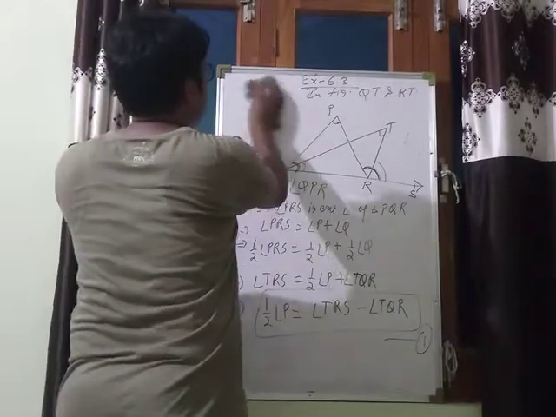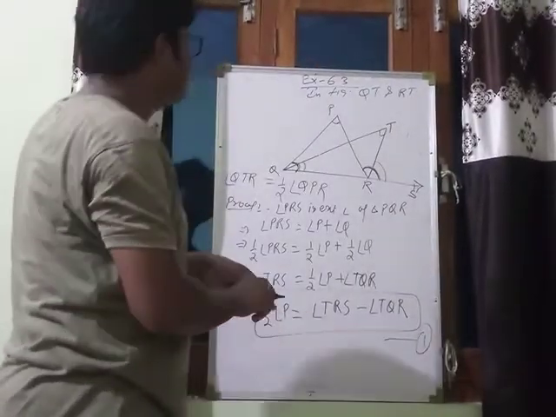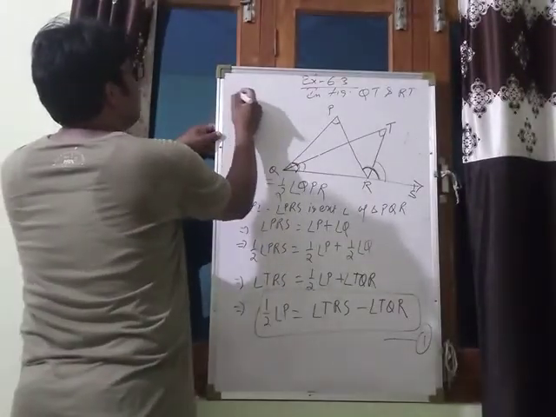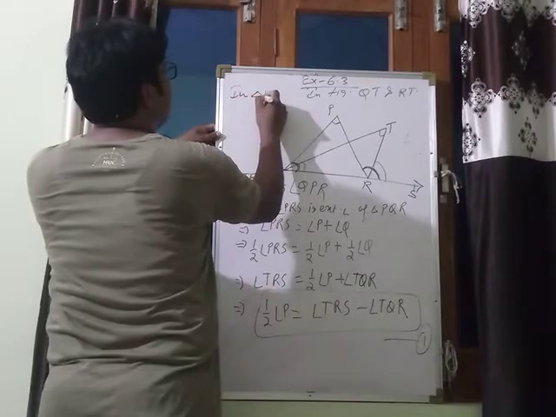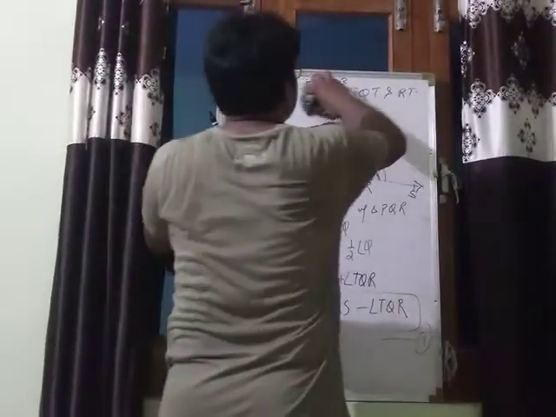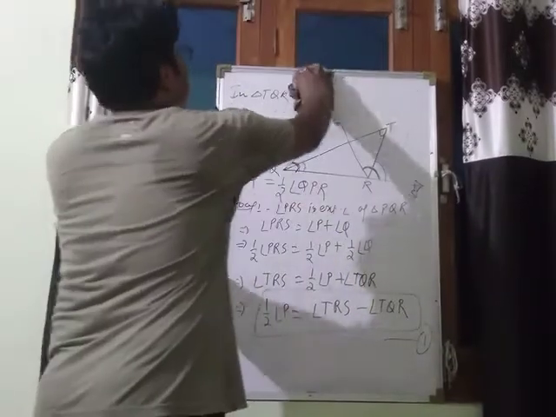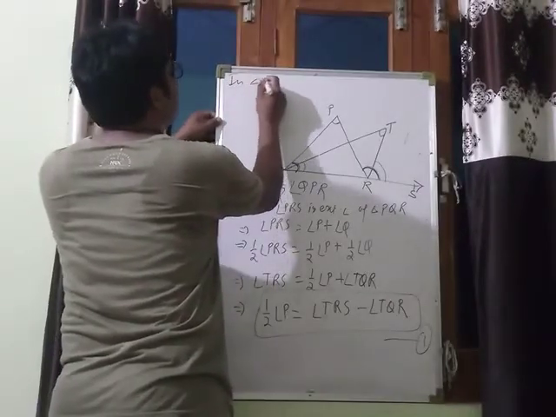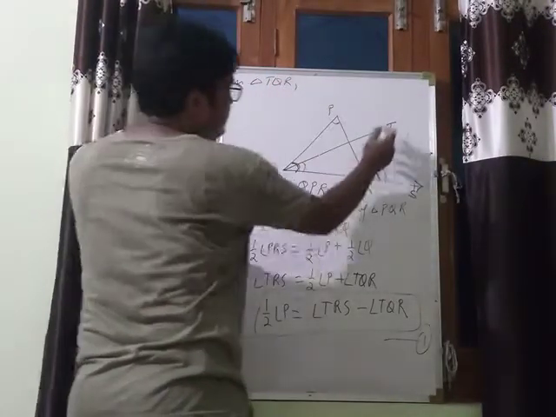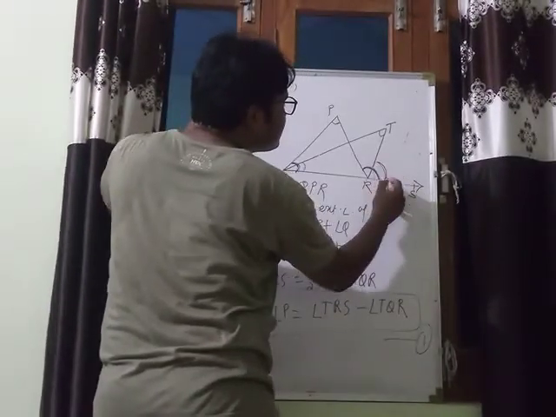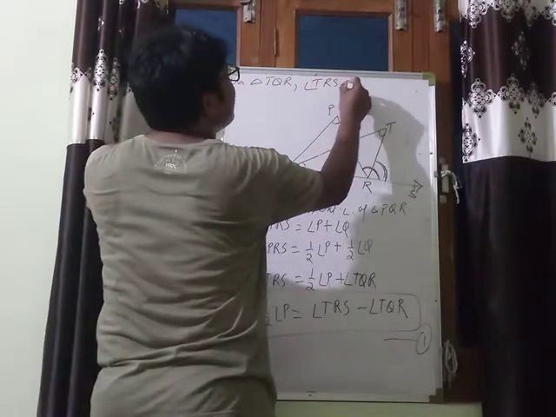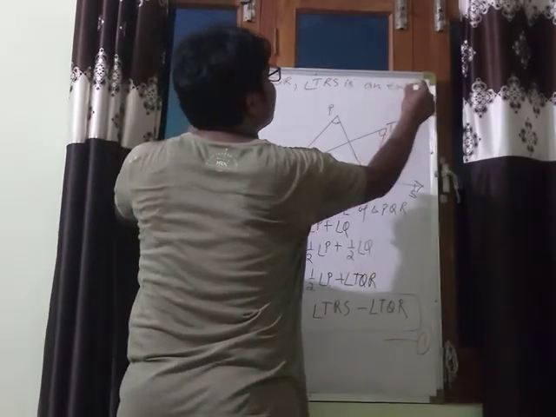See, consider triangle TQR now. In triangle TQR, when QR is produced, then this angle is formed. Angle TRS is an exterior angle.